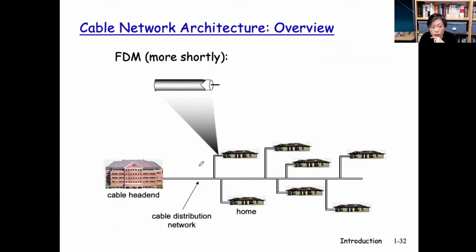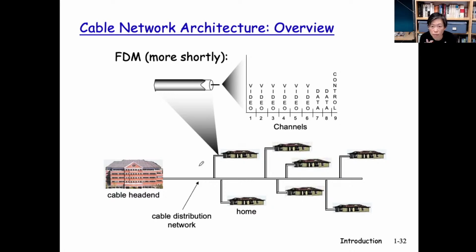Another thing that you might find surprisingly similar between cable and DSL is how we are multiplexing the original infrastructure network's data as well as internet data. And this is how cable modem is doing it.